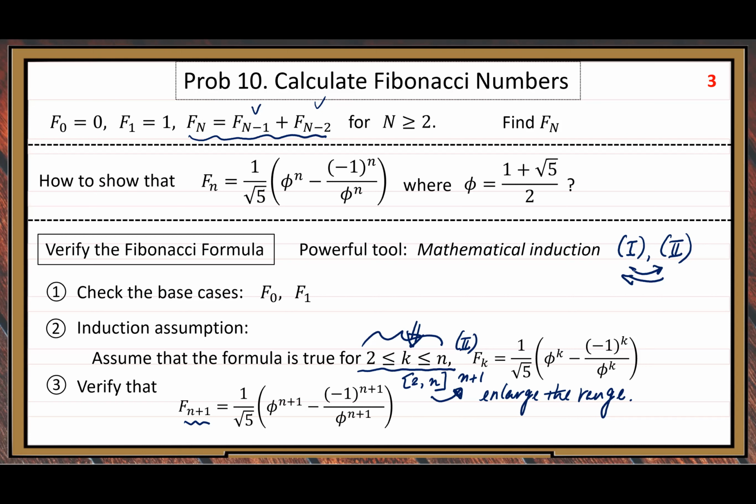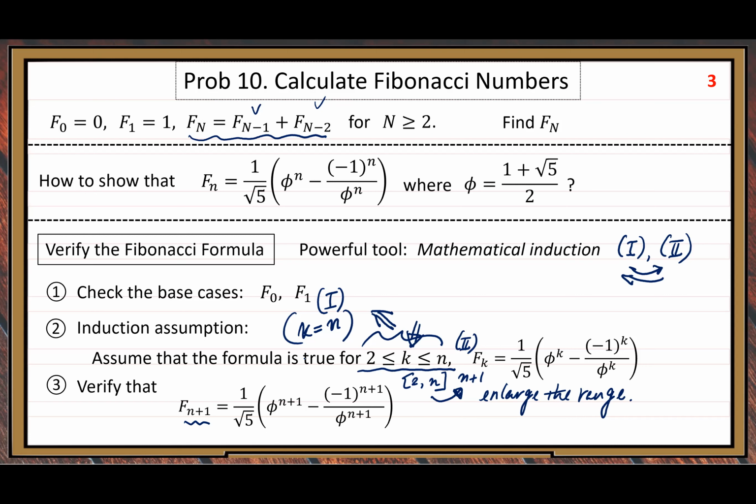For version 1, I can modify our version 2 to version 1 easily. If I modify this range to version 1, it is when k equals n, it is true. Not the range, just the n. That's version 1.